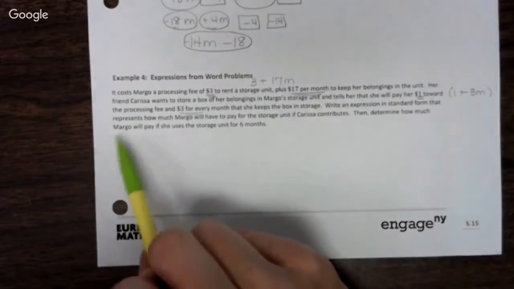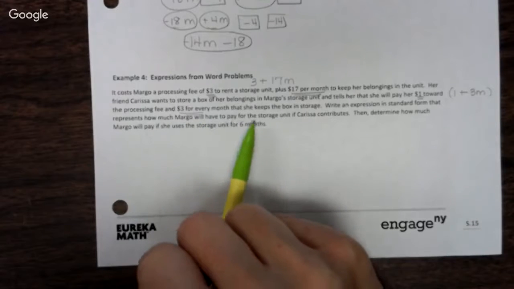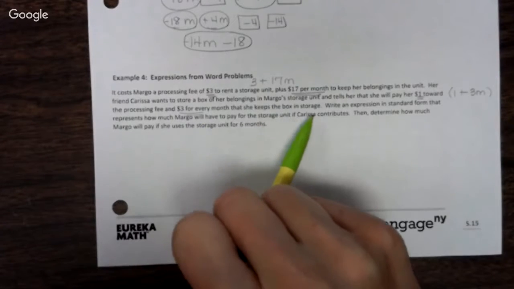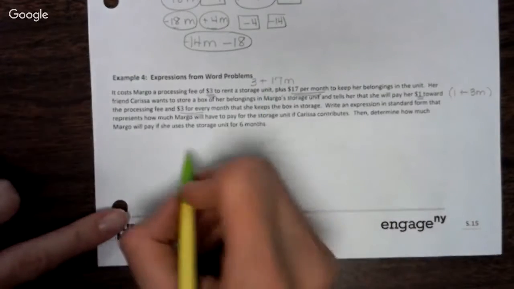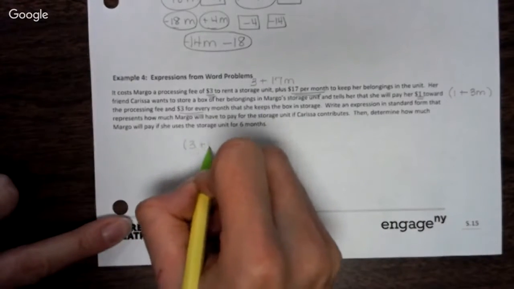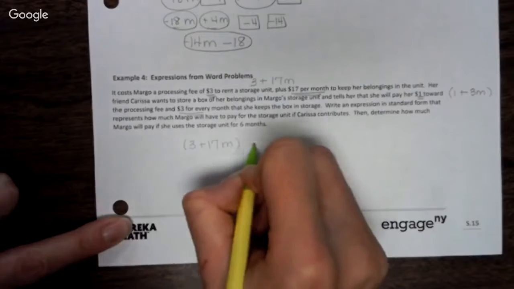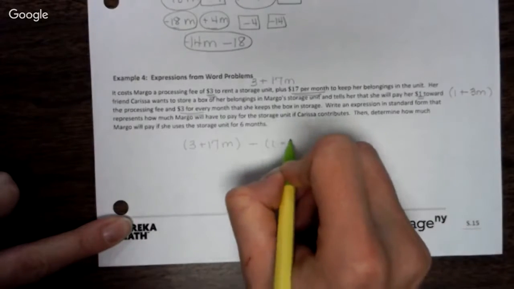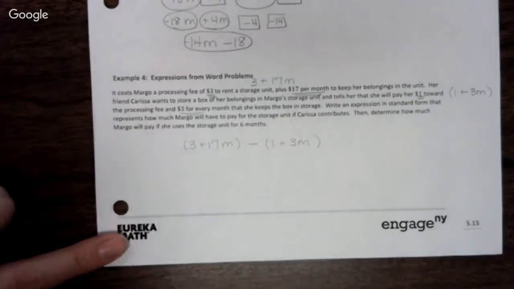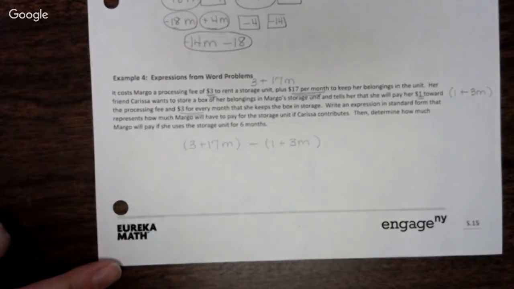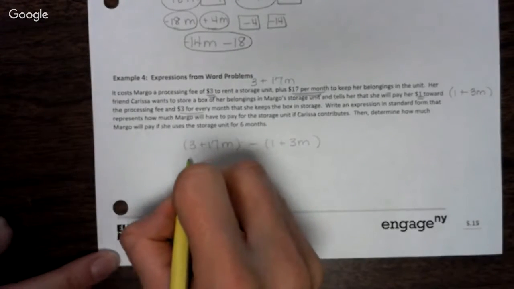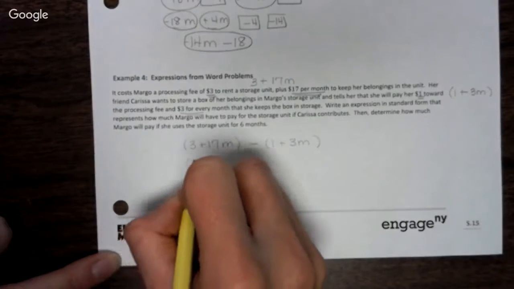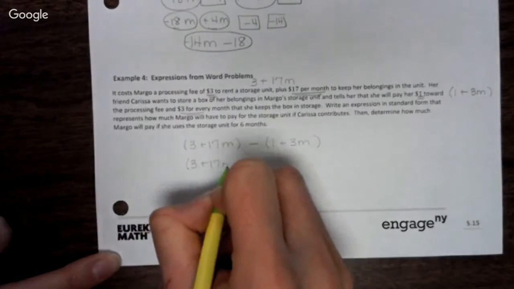Write an expression in standard form that will represent how much she will pay for the storage unit if Carissa contributes. So that means that we're taking what she owes, which is 3 plus 17M, and we're subtracting out what Carissa would pay, which is 1 plus 3M. Now it's subtracting, so we're going to do leave, change. So we're going to leave the first expression.